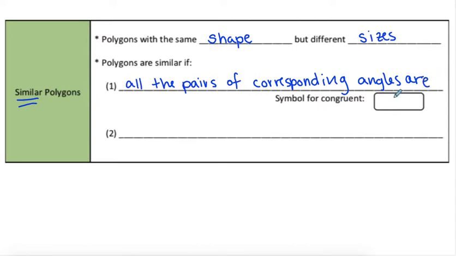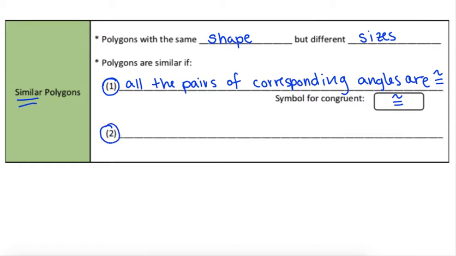And so the symbol for congruent here, I'm going to use. So similar objects are same shapes, different sizes. Congruent means they are the exact same. So here's our first rule.